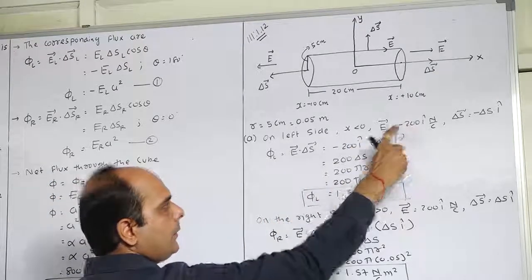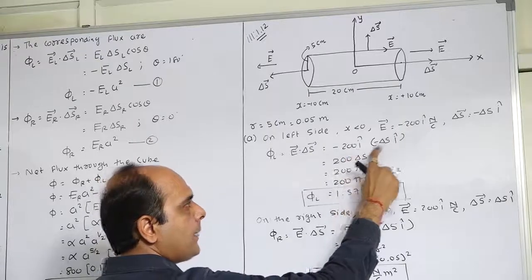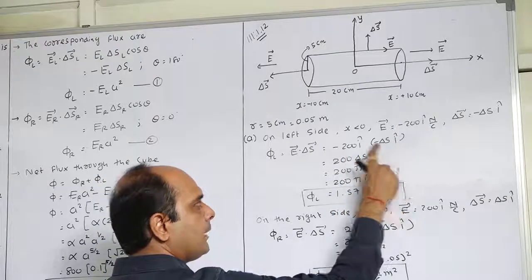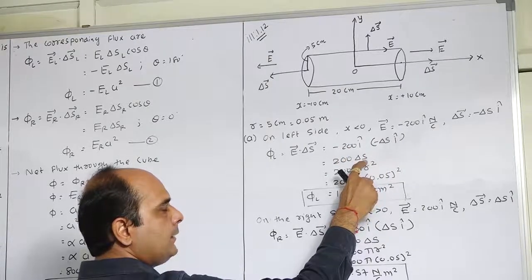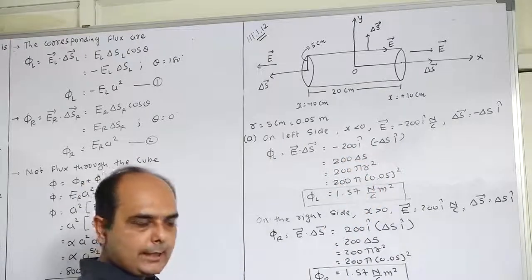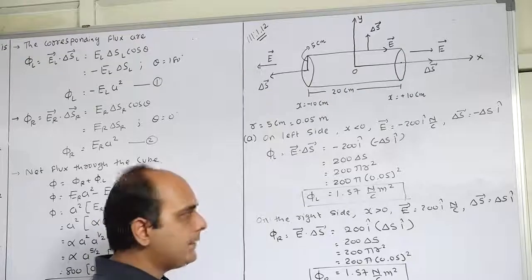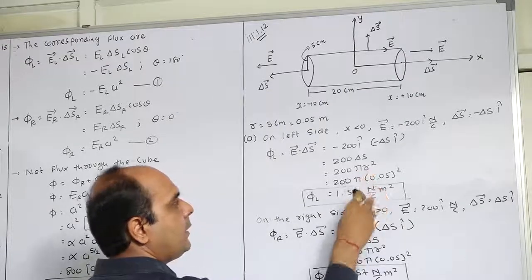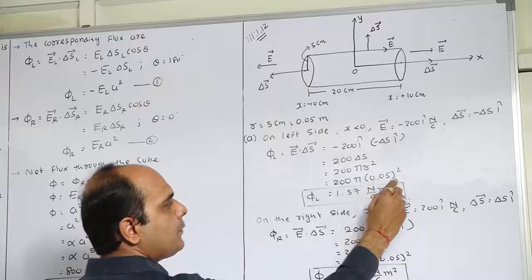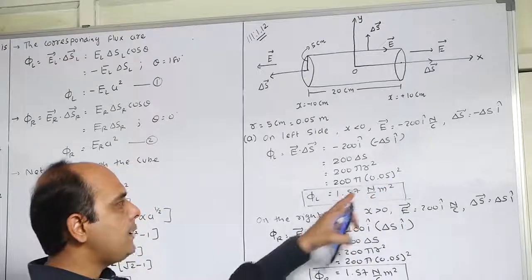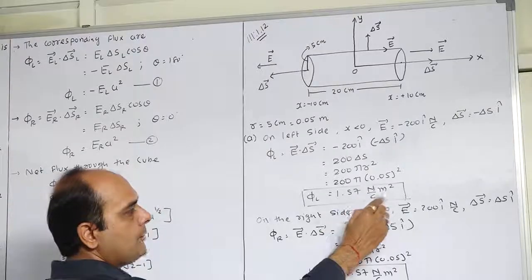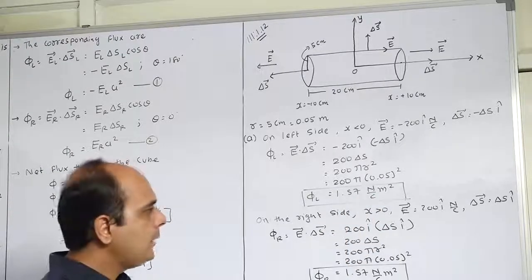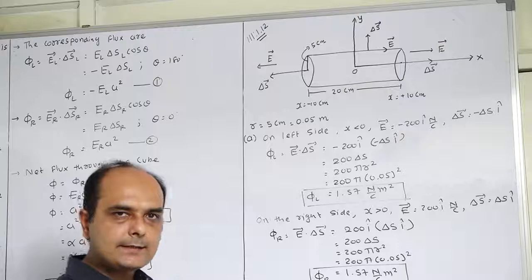Substituting the values, minus 200 i cap dot minus delta s i cap, i cap dot i cap is 1, minus times minus is plus, so 200 delta s remains. Delta s means the cross sectional area, that is pi r square, where r is 0.05, whole square. By calculating that, your answer will be 1.57 Newton per coulomb meter square. Now the calculation for the left hand side is completed.